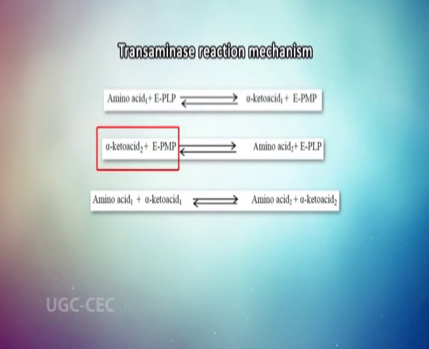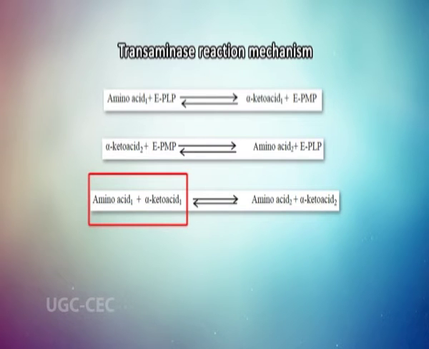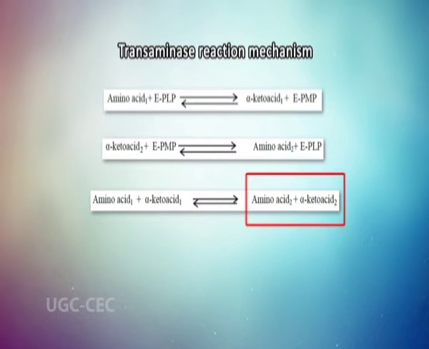The second alpha keto acid reacts with the enzyme pyridoxamine phosphate complex to yield a second amino acid and regenerate the enzyme pyridoxal phosphate complex. The sum of these reactions is that amino acid 1 and alpha keto acid 2 react to form amino acid 2 and alpha keto acid 1.